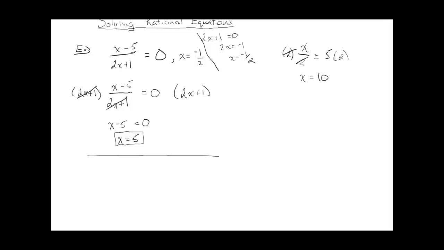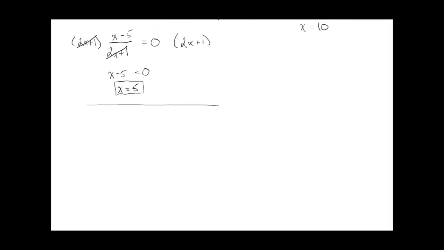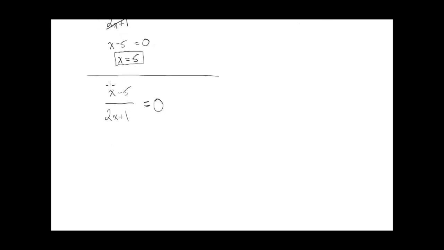There is a second way to think about this, which doesn't involve multiplying both sides of the equation by 2x plus 1. Same equation, x minus 5 over 2x plus 1 equals 0. Here I can logically think about this fraction. I have a fraction equal to 0. But when does a fraction equal 0? The only way a fraction is going to be equal to 0 is if the numerator is equal to 0, right?